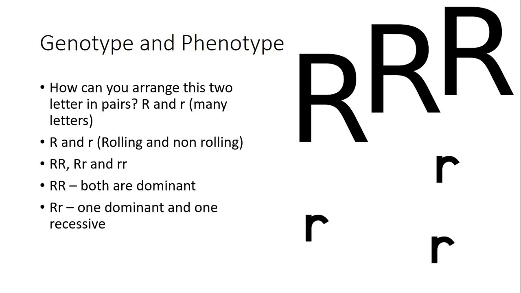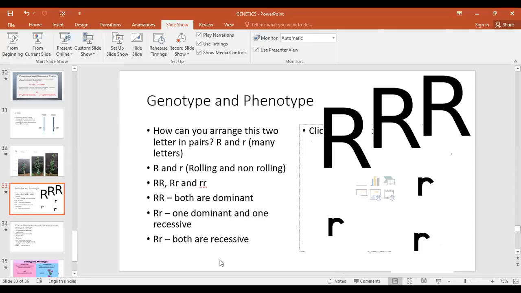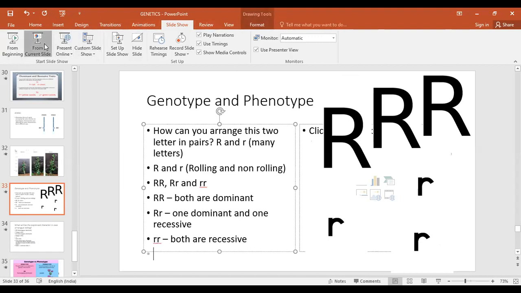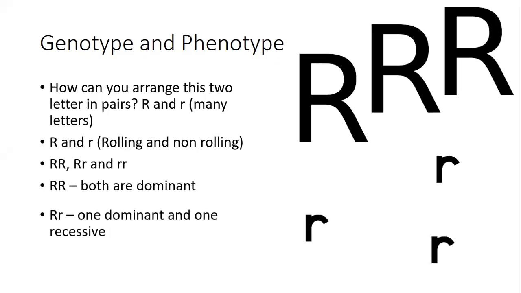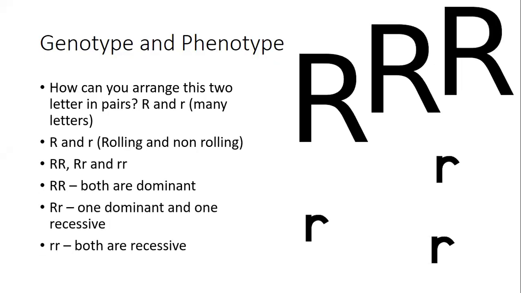When there is one capital R and one small r, it is one dominant and one recessive. And both are recessive when both are small.